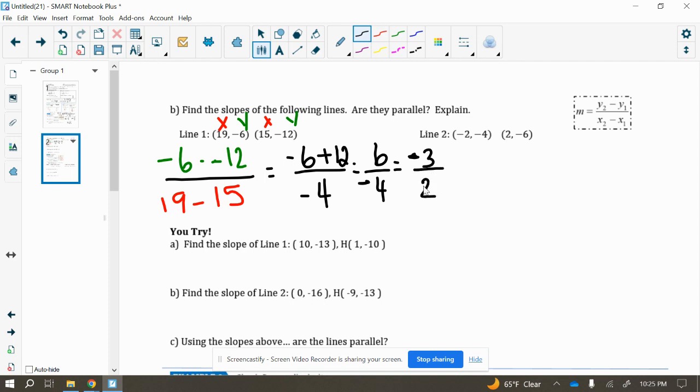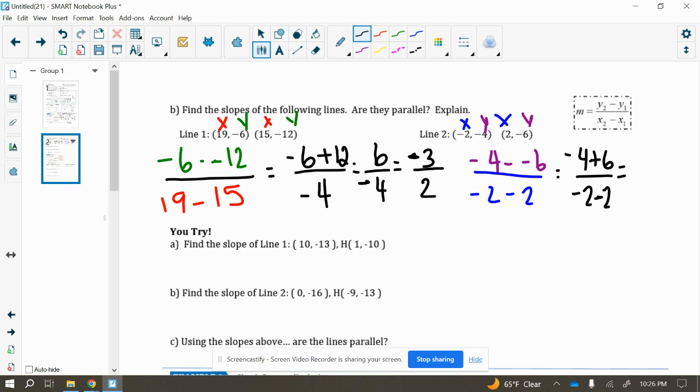So -3/2. In our second one here, again, change in y over change in x, -4 minus -6, all over -2 minus 2. So that's the same thing as saying -4 plus 6 and -2 minus 2.